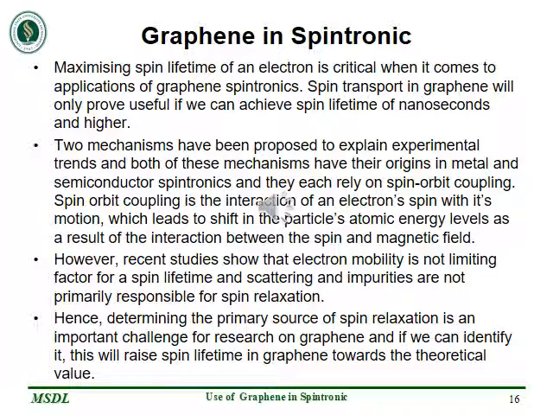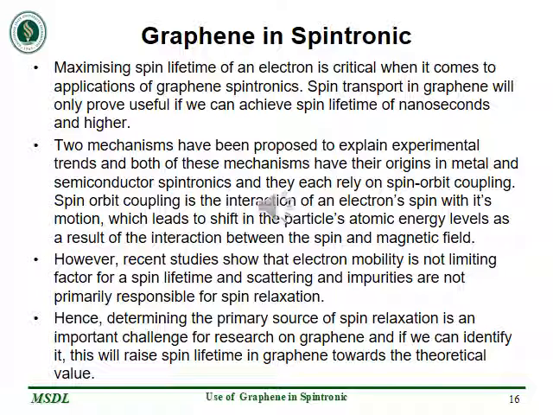Maximizing the spin lifetime of an electron is critical when it comes to the application of graphene spintronics. Spin transport in graphene will only prove useful if we can achieve a spin lifetime of nanoseconds and higher. Two mechanisms have been proposed to explain experimental trends, and both of these mechanisms have their origins in metal and semiconductor spintronics, and they each rely on spin-orbit coupling. Spin-orbit coupling is the interaction of an electron's spin with its motion, which leads to a shift in a particle's atomic energy levels as a result of the interaction between the spin and magnetic field.